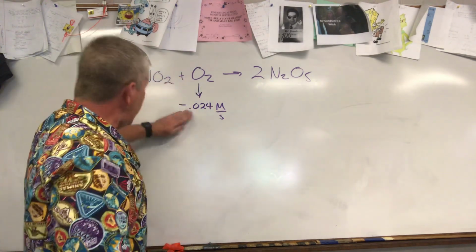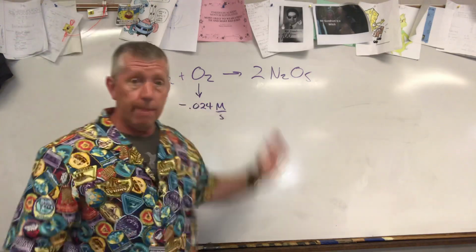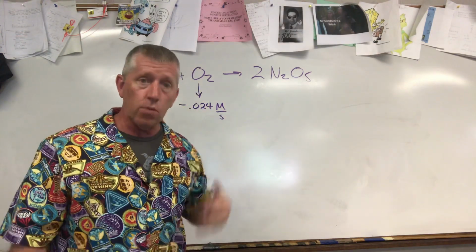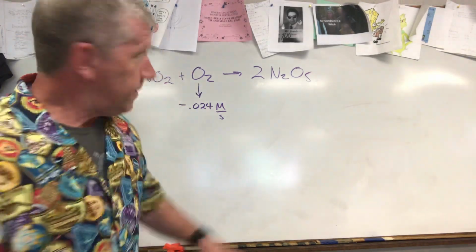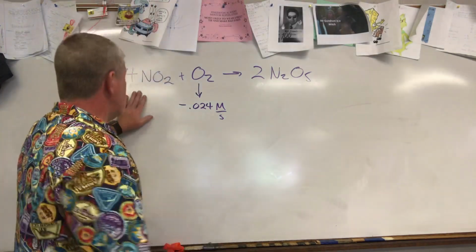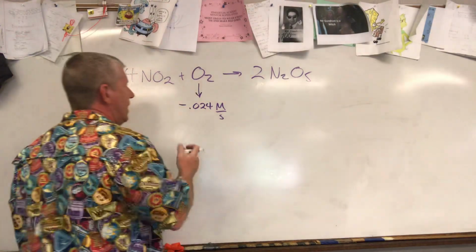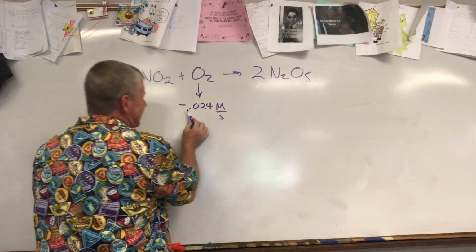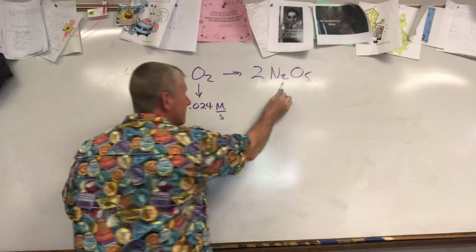So if this is the amount of stuff here, we look at the ratio from the balanced equation to determine what the rates of the others must be. The first one was how much is being formed, and the second question is at what rate is the NO2 being used up. So this produces twice as much of this.